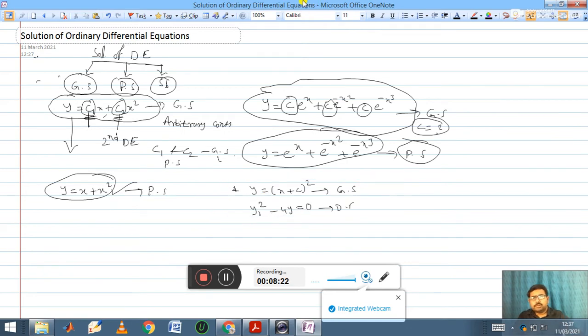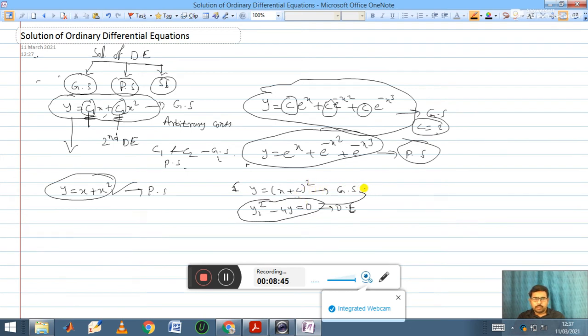This is the given differential equation. If you find the solution of this differential equation, it gives the general solution y equals (x plus c) whole square.